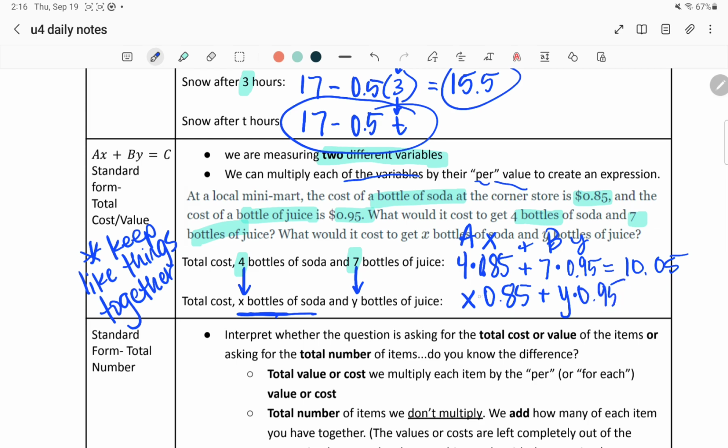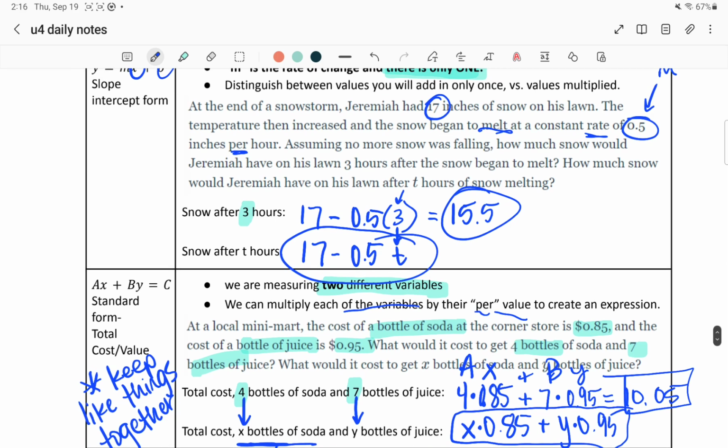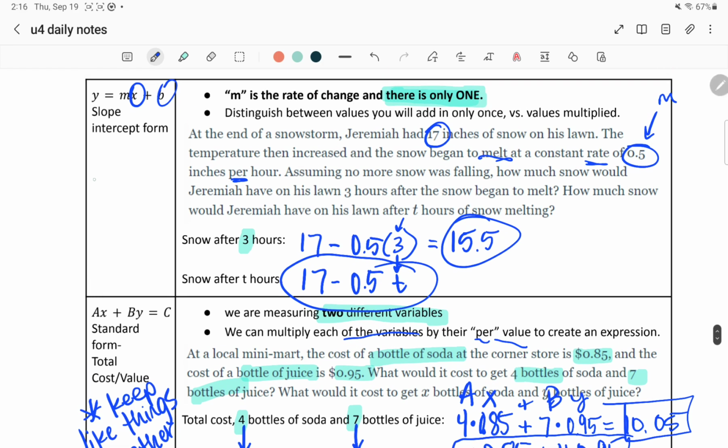When there's nothing in the middle, there's a times. Oh, no equal sign. So this is what I would put in Delta Math. These two answers. Okay, so like I said, the rule is keep the like things together. If I had to pick a rule for the top one, I would say you need to find the slope and you need to find the start.